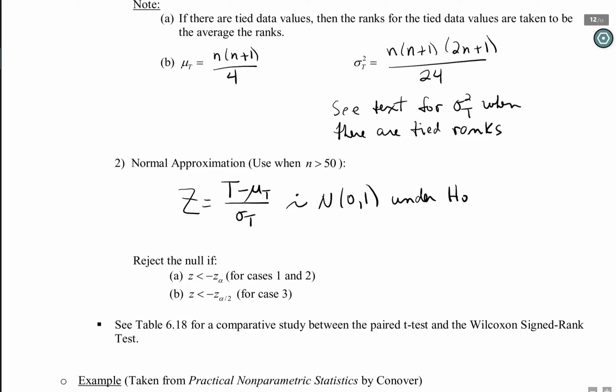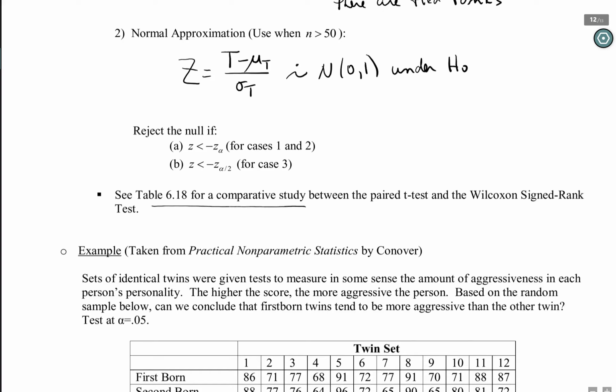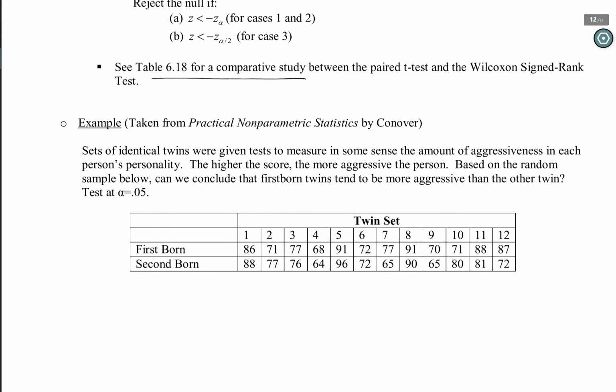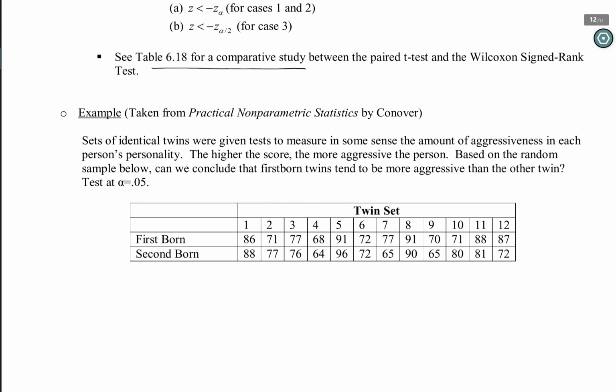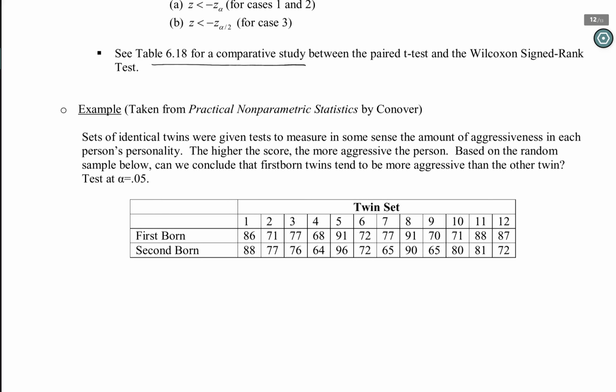Okay. Now I make a note here to see table 6.18 for a comparative simulation study between the paired t-test and the Wilcoxon signed rank test. Basically, after you look at that, you'll notice that when we're sampling from a normal population, the paired t-test tends to be more powerful than the Wilcoxon signed rank test.